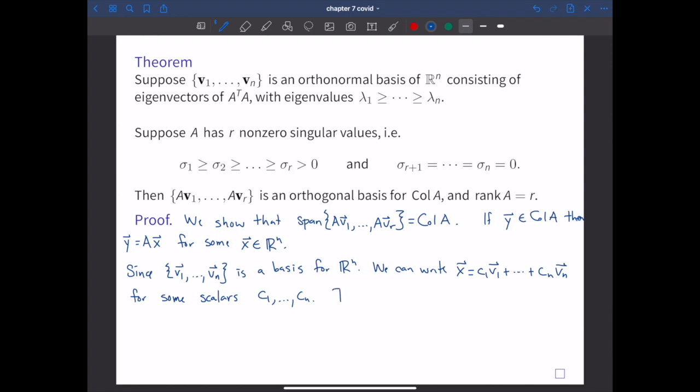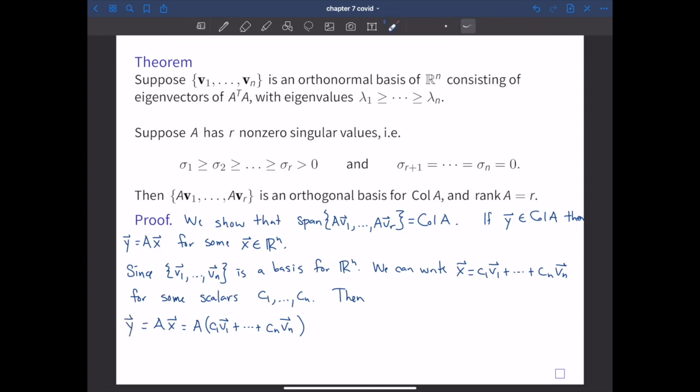So what can we say? Remember, A times x is equal to y. So we're going to multiply both sides of this equation by the matrix A. We get A times x is equal to A times (c1 v1 plus all the way up to cn vn). On the one hand, A times x is equal to y, so over here we get the vector y.